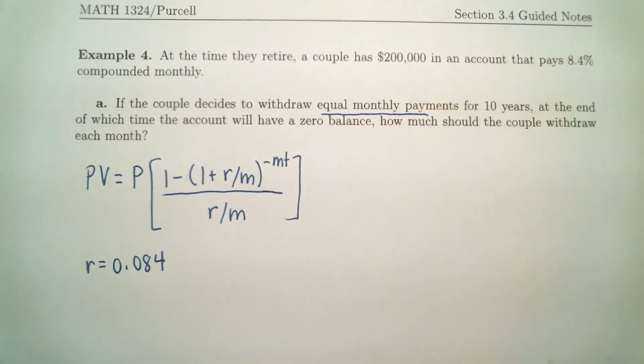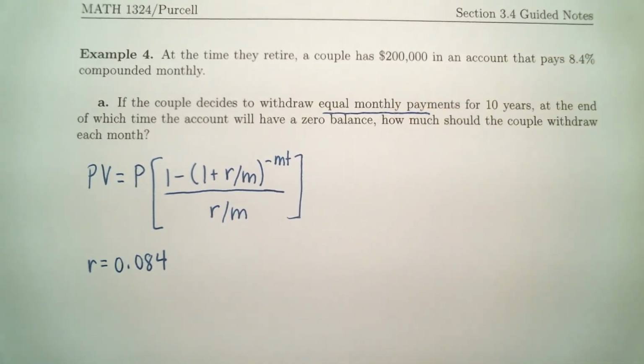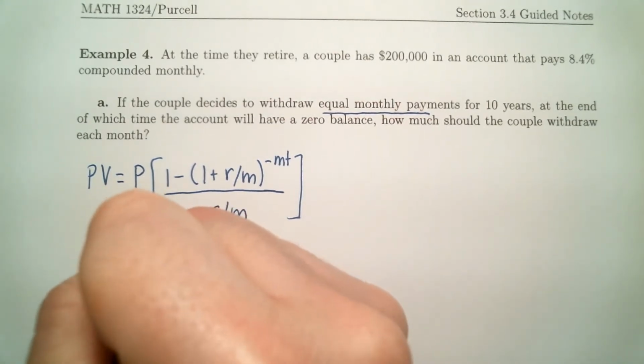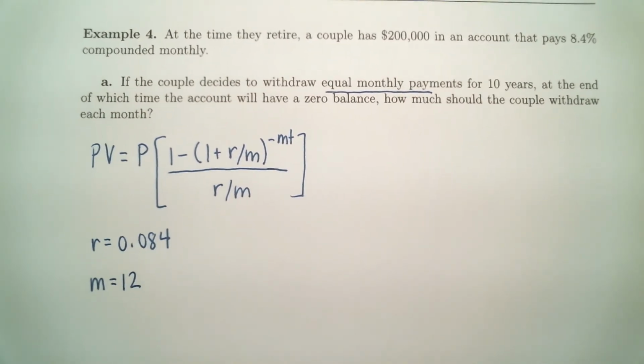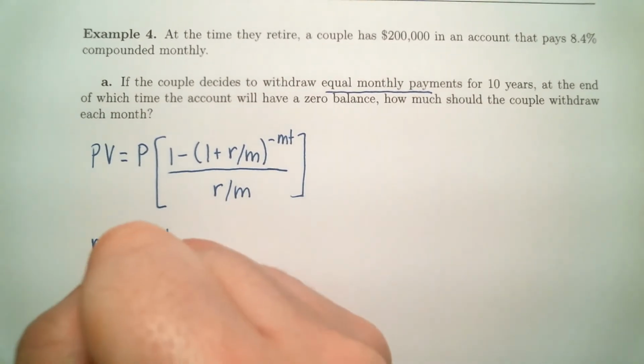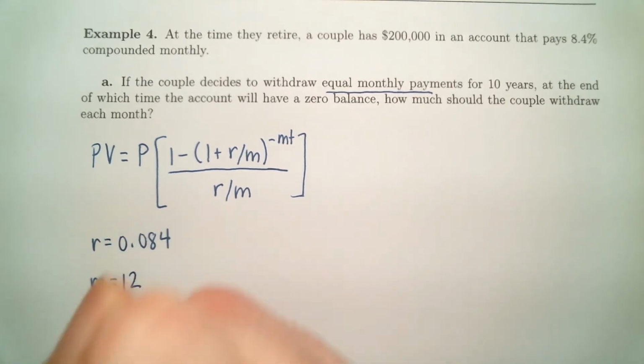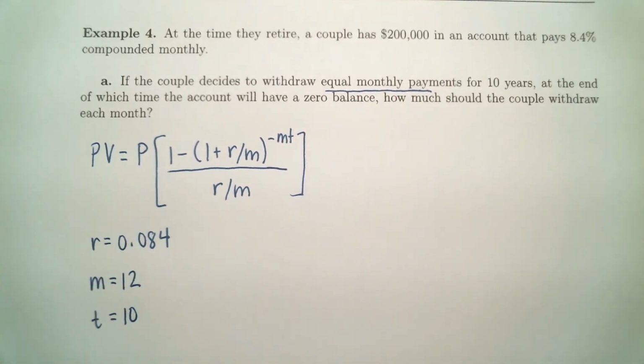Remember, whatever the time frame is for your payments, since it's monthly here, you're assuming that the interest is compounded monthly as well, so those two things should coincide. So our M value here is going to be 12. Everything is done monthly. Time is going to be 10 years. They're receiving the payments over a 10-year period.